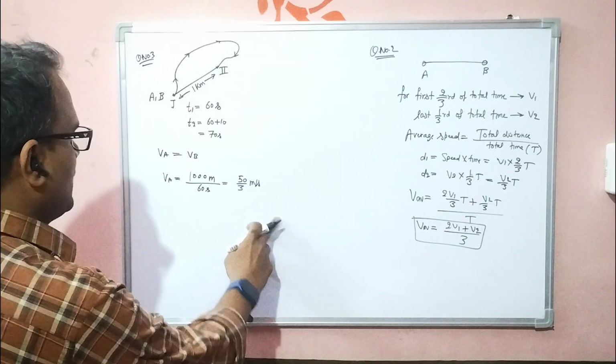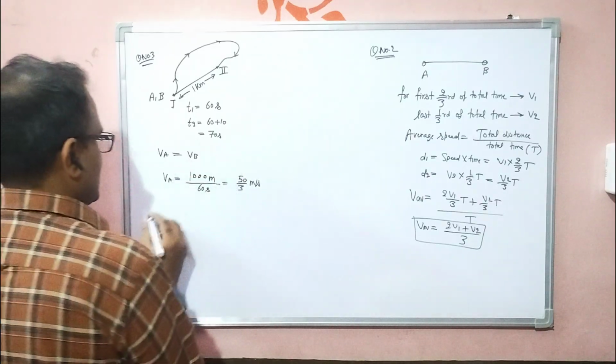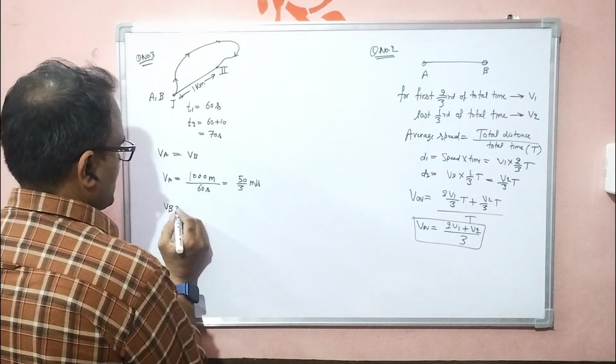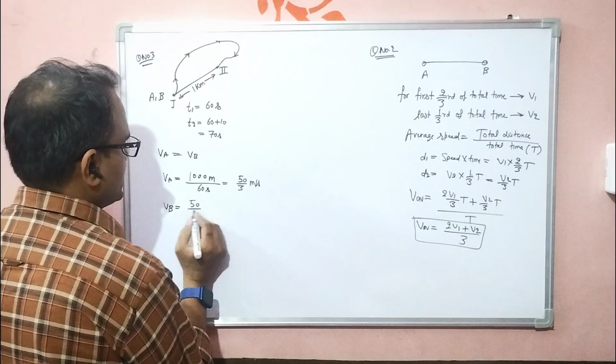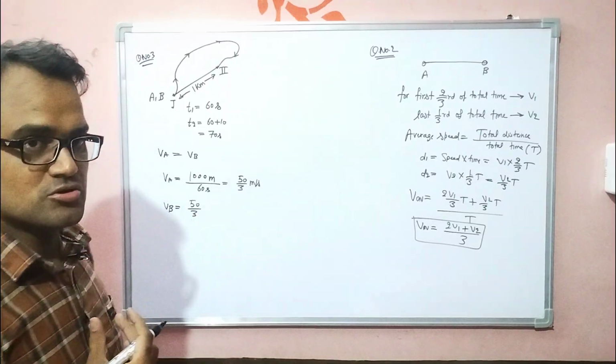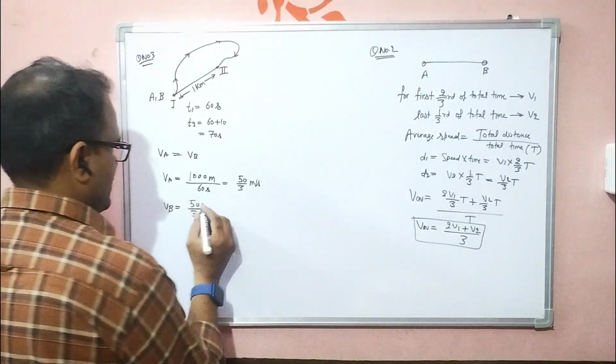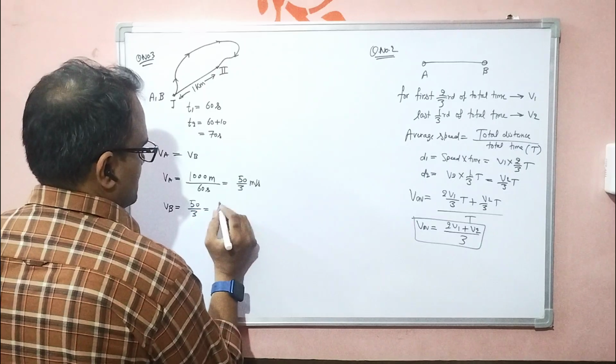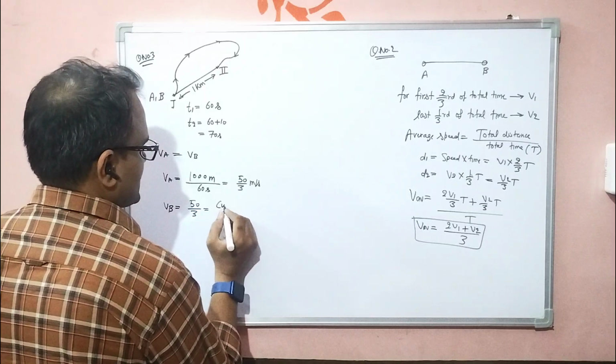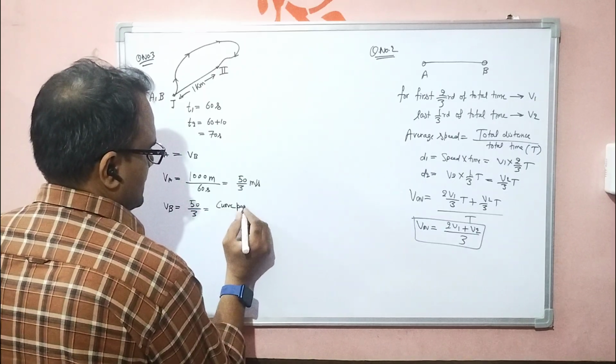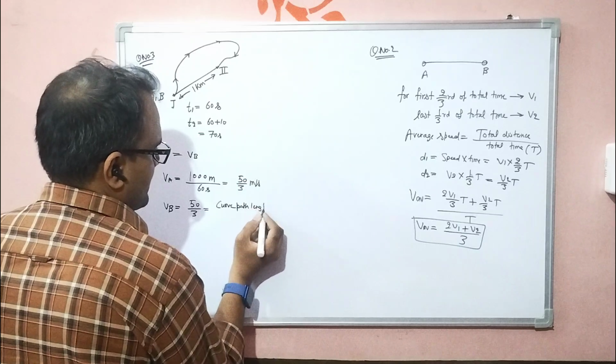Now here I can say VB is equal to 50 over 3. It is given in the question, right? And this 50 over 3 is equal to the curved path length divided by time.